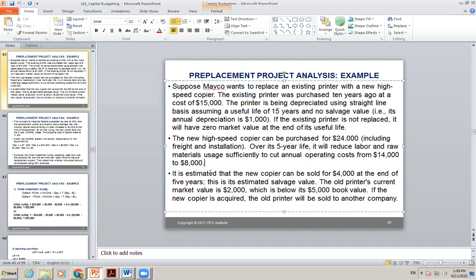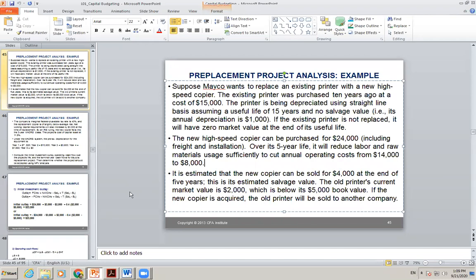Now you're buying new equipment, a new printer, to replace the existing one. The purpose of doing this is to save money on labor and on raw material usage, and the amount you're saving is 6,000 bucks per year. It is estimated that the new copier can be sold for 4,000 at the end of the 5 years.